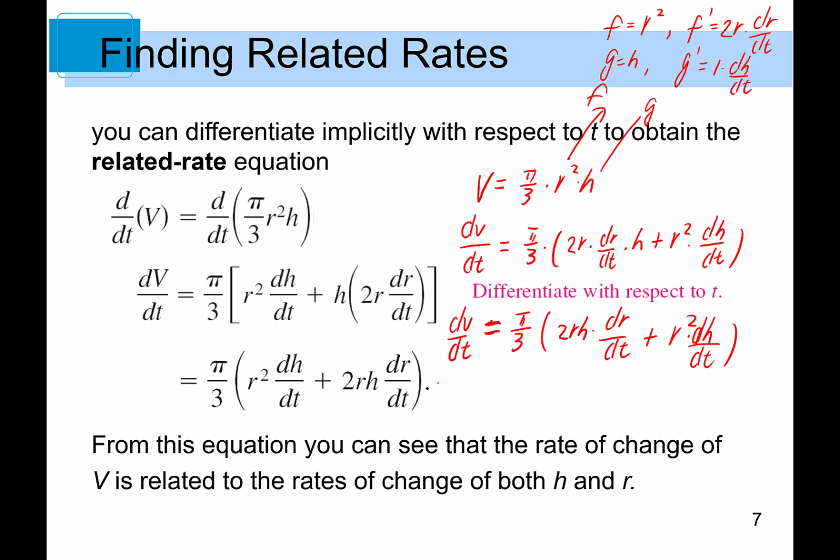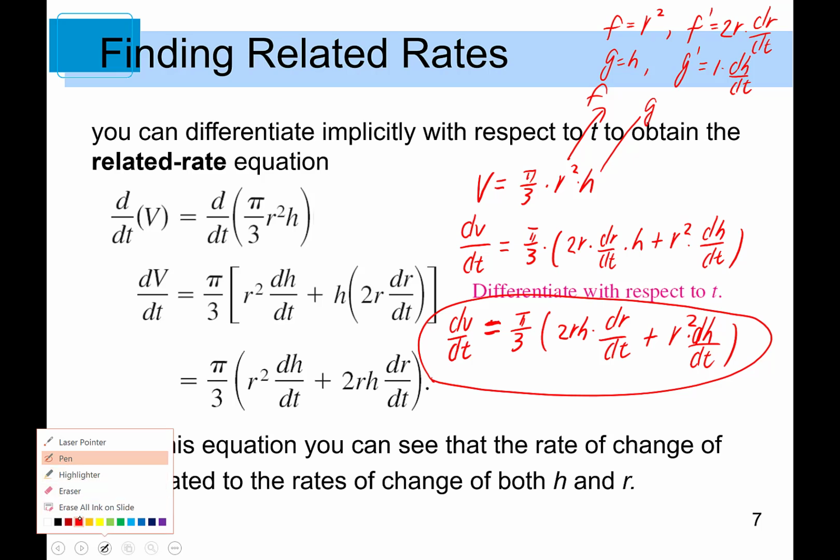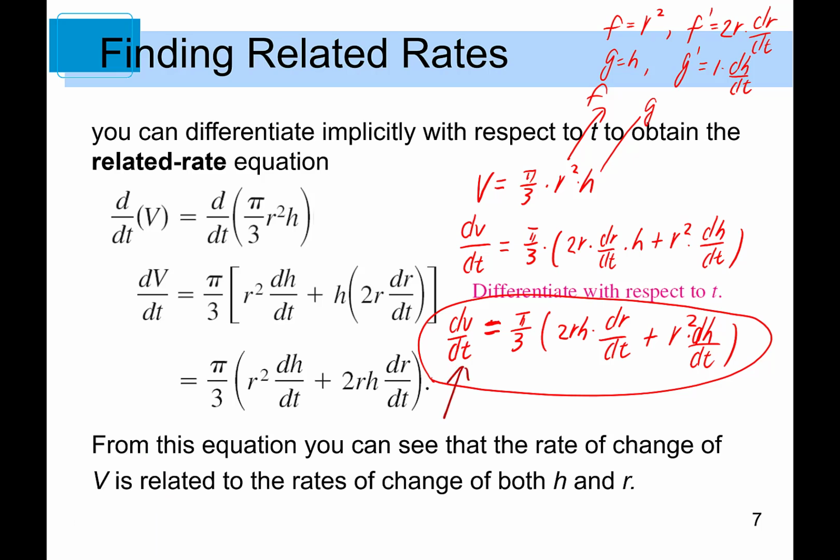Okay. From this equation, you can see that the rate of change of V is related to the rates of change of both R and h. Okay, meaning this thing is related to two things, this and that.